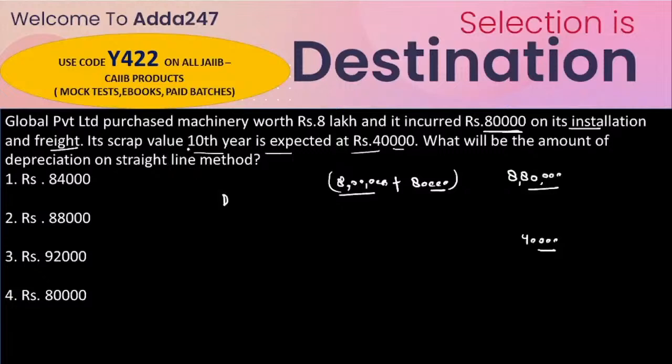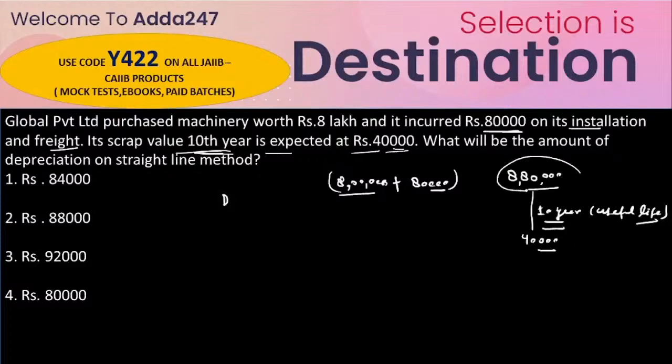Just write here 40,000 rupees, and its scrap value is given at the 10th year. That means after the 10th year, the scrap value would be 40,000 rupees. That means this 10 years would be considered the useful life of the machine.